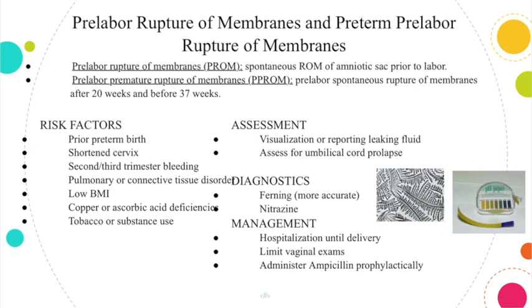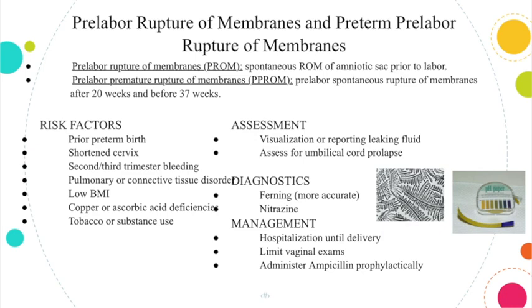So preterm premature rupture of membranes, otherwise known as PPROM, is when you have these membranes that rupture before contractions, and the gestational age here is 20 weeks and before the completion of 37 weeks gestation. So who's at risk for developing PPROM here?